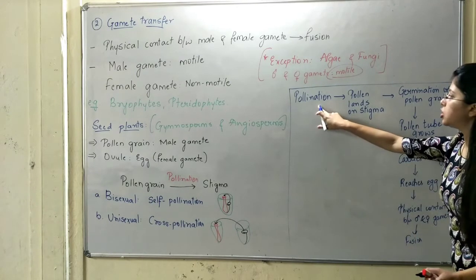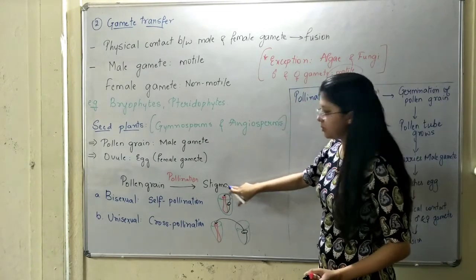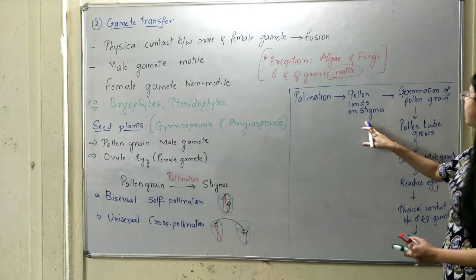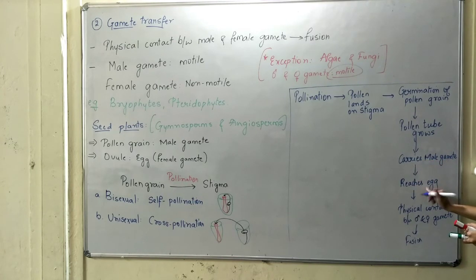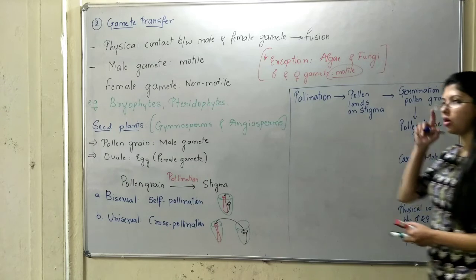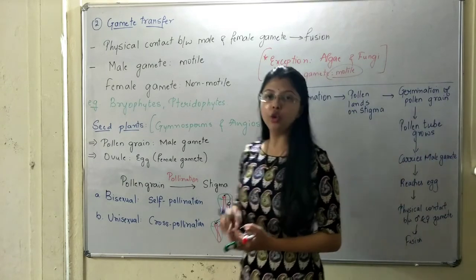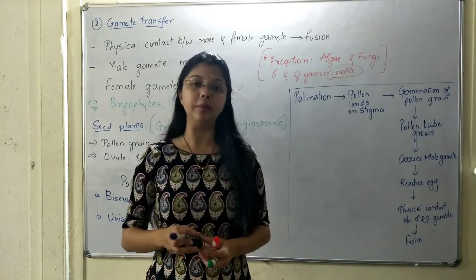So pollination is the way by which the pollen is transferred. As soon as it is transferred, it germinates, resulting in the formation of the pollen tube, and this pollen tube is carrying the male gamete. As soon as it reaches the female gamete, there is physical contact which results in the fusion of the male and female gamete.